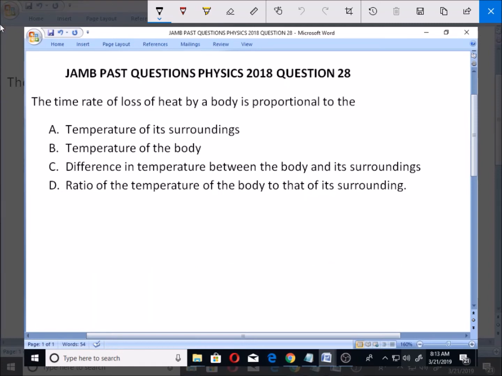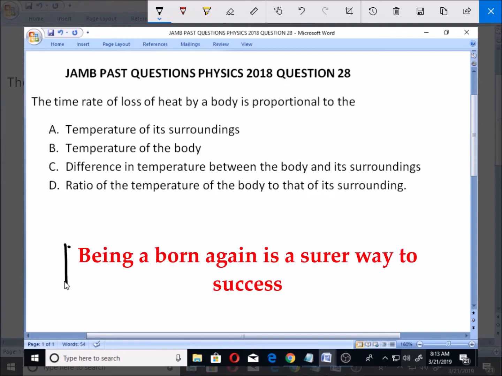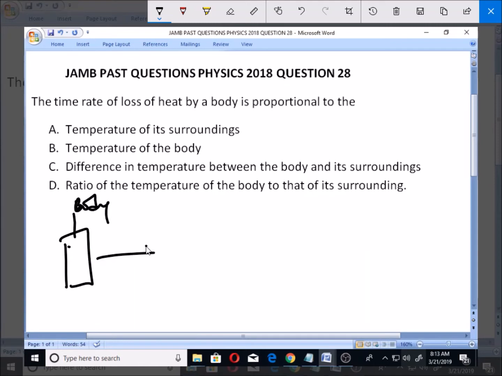Now we need to understand what loss of heat is all about. Let's say we have this body and it's losing heat to the surrounding. What ensures that there is loss of heat from this body having temperature T1 to the surrounding having temperature T2 is what we call temperature gradient.